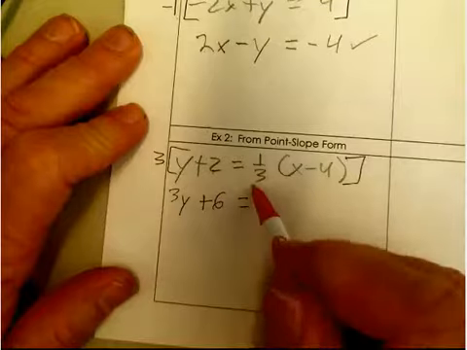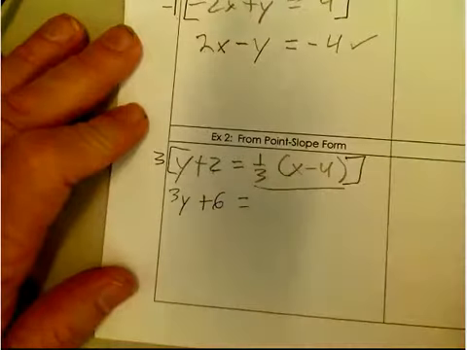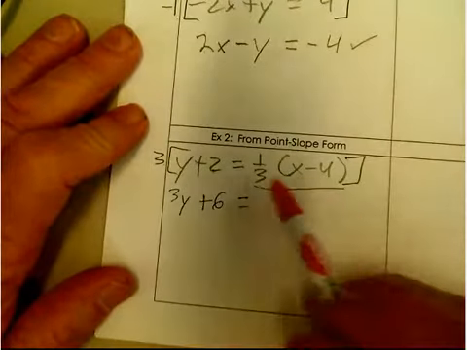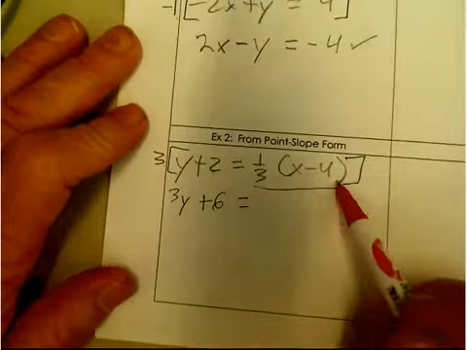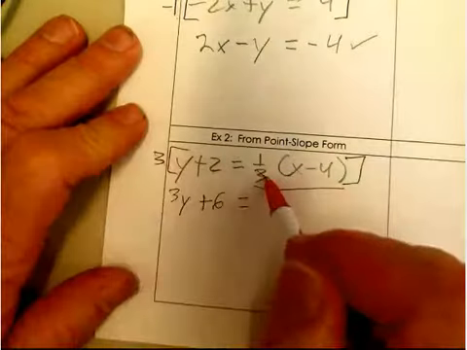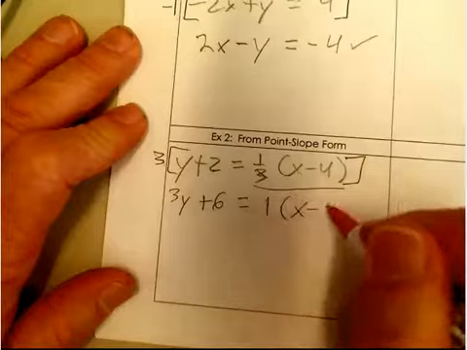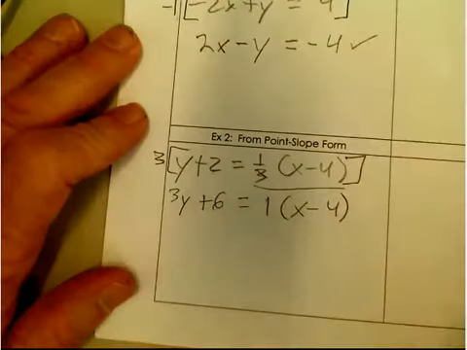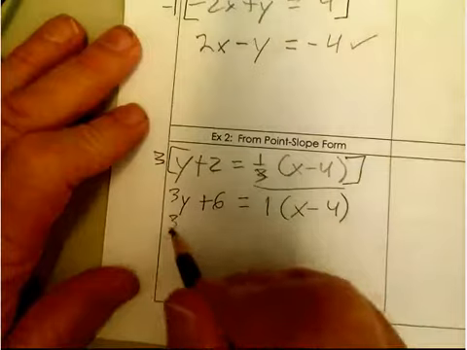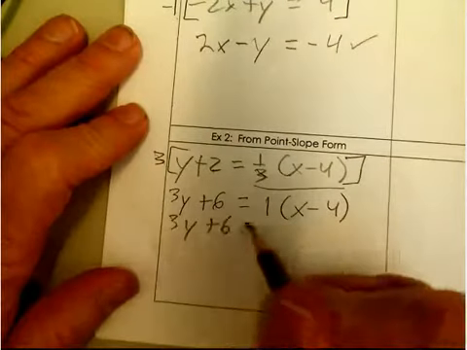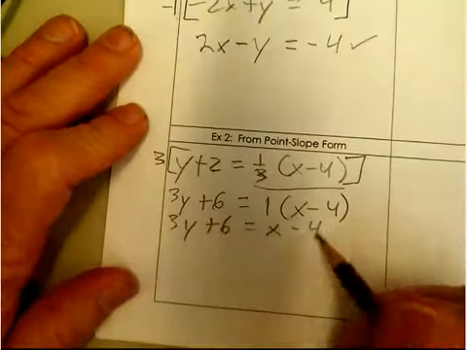Now, how many terms are there on the right side of the equation? There is only one term. So this 3 and this 3 are going to cancel each other out, and I get 1 times x minus 4. Now all I have to do is distribute the 1, and I get 3y plus 6 equals x minus 4.